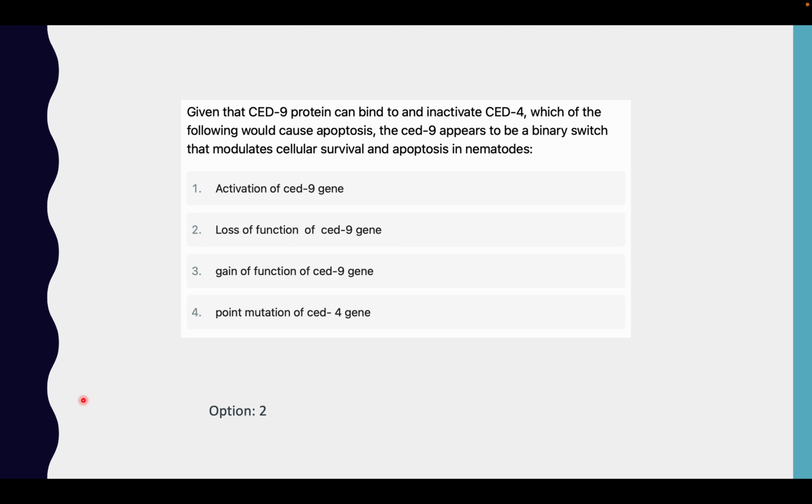Ma'am, the CED9 gene was introduced by CED3 and 4, and then it will lead, I think, to activation of apoptosis. Was it activation of apoptosis or inhibition?